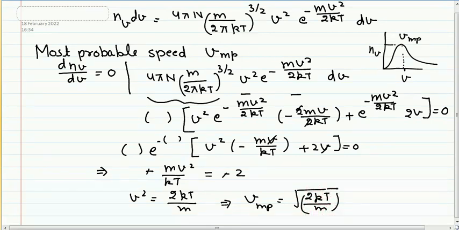So this is the value for the most probable speed, under root 2kT by m.